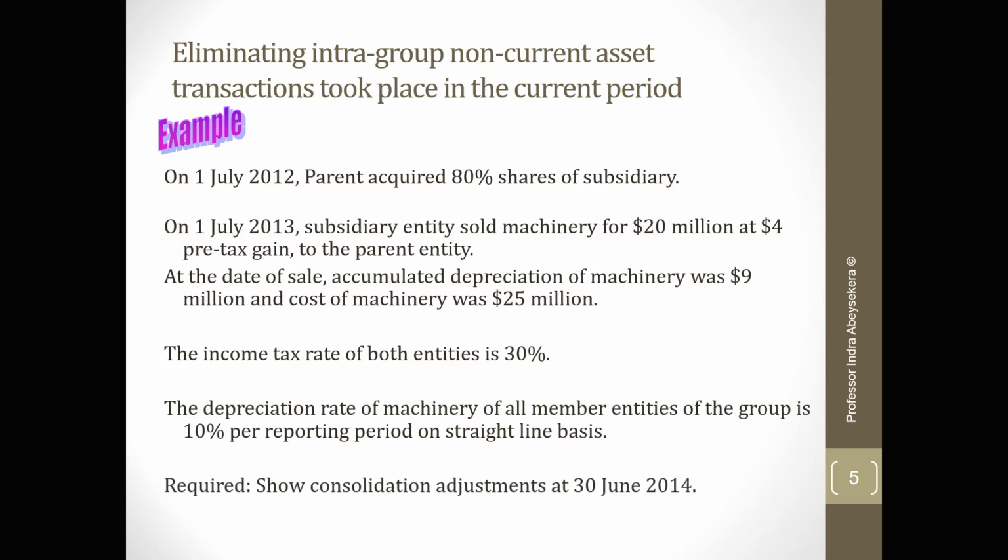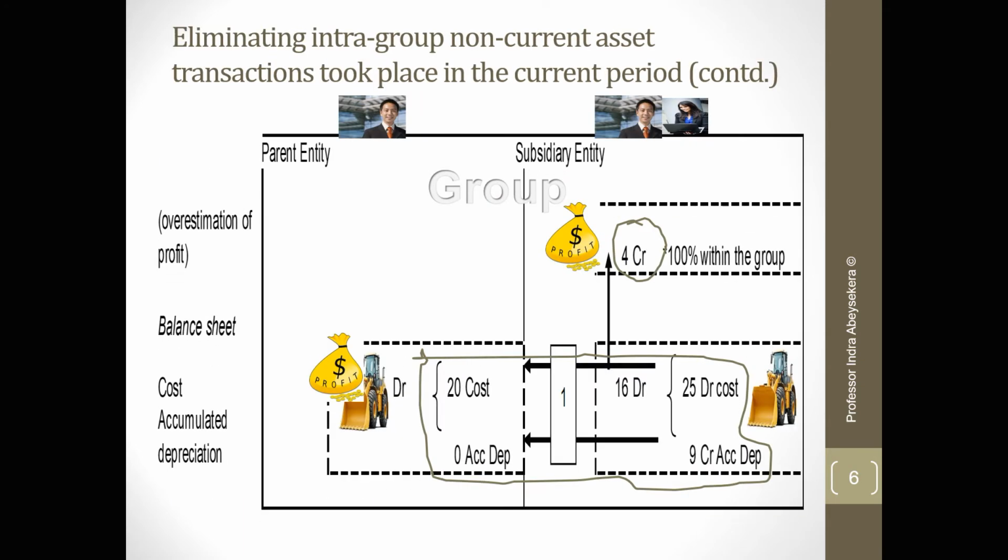We are required to show consolidation adjustments for the current period, for the year ended 30th June 2014, and the transaction took place on 1st of July 2013, which is the current period. So we can see in this diagram, there was asset cost 25, accumulated depreciation 9, carrying value of the asset is 16, was sold for 20.